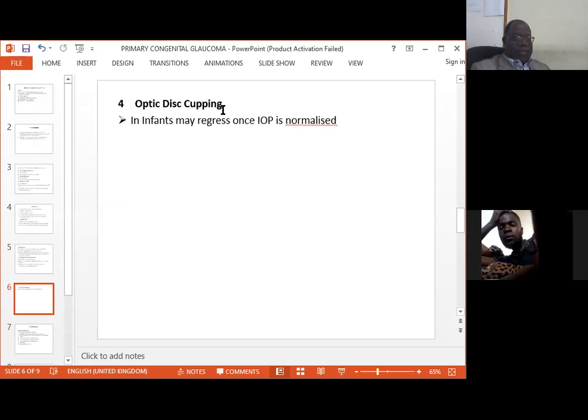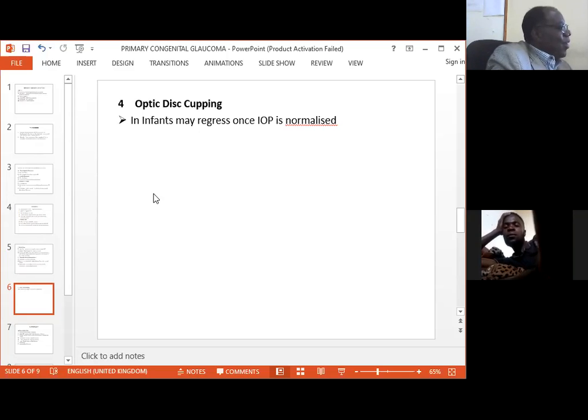Optic disc capping. The pressure obviously impacts on the disc, and like glaucoma, when there is pressure rise, there is capping of the disc. So even in this one, when there is bulging of the whole eye because of excess fluid, the disc is also capped.